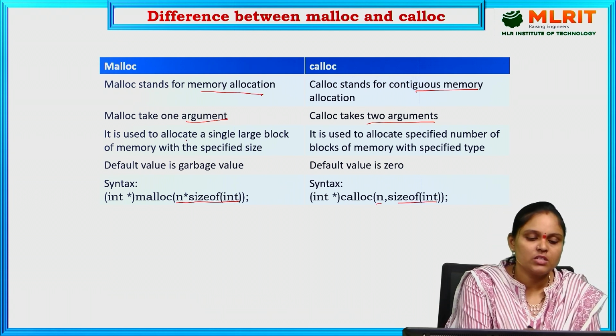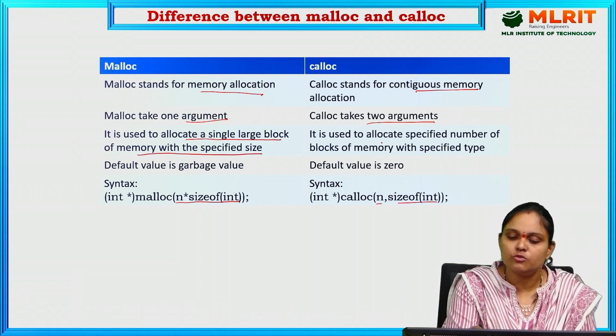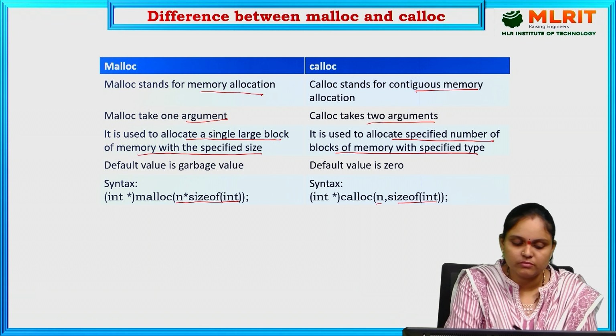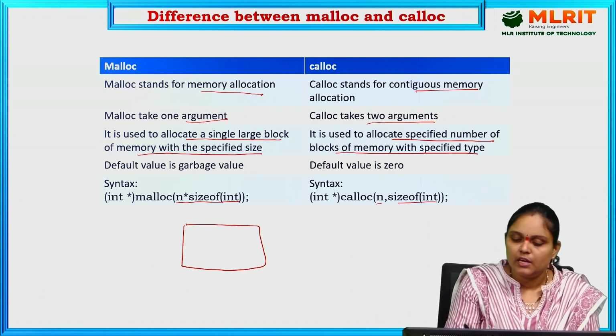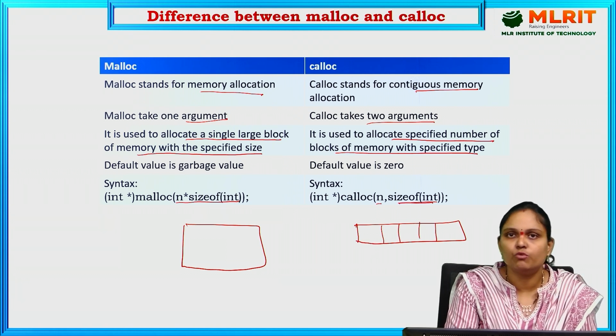And next, malloc is used to allocate a single large block of memory with the specified size, as we just said in the previous lecture. And coming to calloc, it is used to allocate the specified number of blocks of memory with a specified size. So in malloc one large block of memory gets allocated, and here in calloc blocks of memory get allocated depending on the size of the data type we are using.